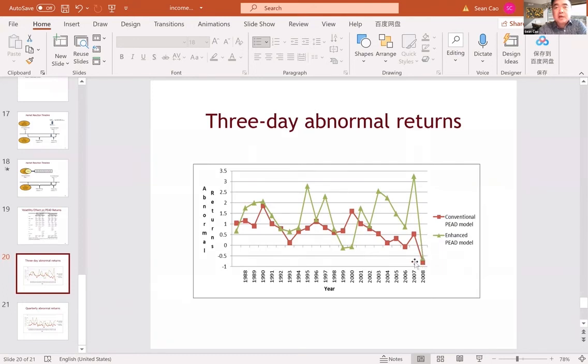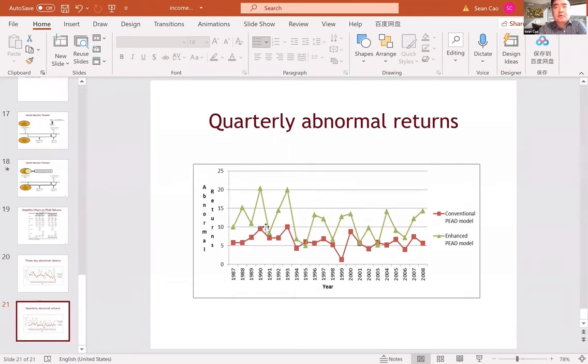So if you follow the trading strategy, you only get something wrong in 2008. Other than 2008, over the past 20 years, it's pretty good. So this is the performance over time. When we do Fama-MacBeth, that's what I said: you have to average out the annual effect in the Fama-MacBeth. That's what I was talking about earlier.